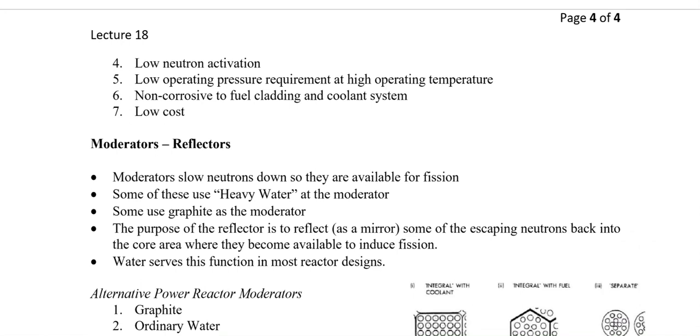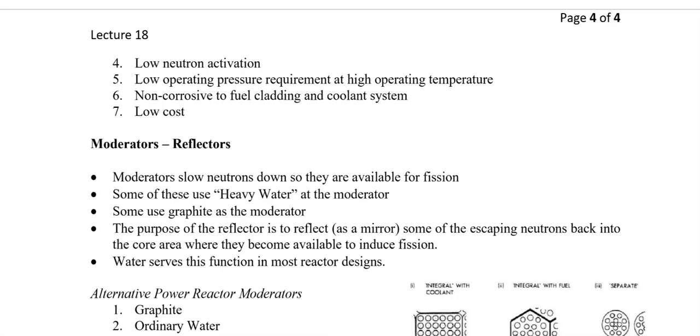The moderators slow neutrons down so they are available for the fission. Some reactors use heavy water as a moderator. Some use graphite as a moderator. The purpose of the moderator or reflector is to reflect, like a mirror, some of the escaping neutrons back into the core area where they become available for induced fission.